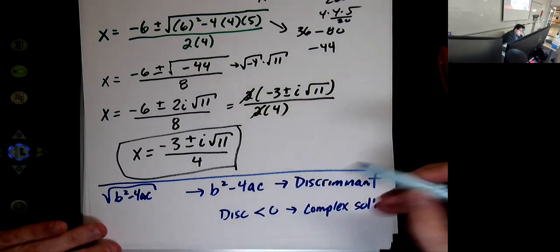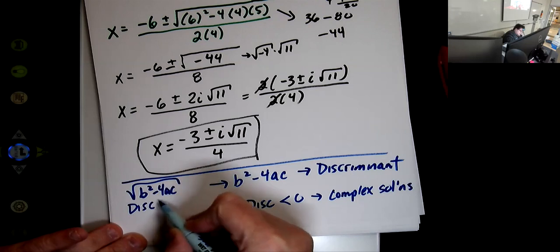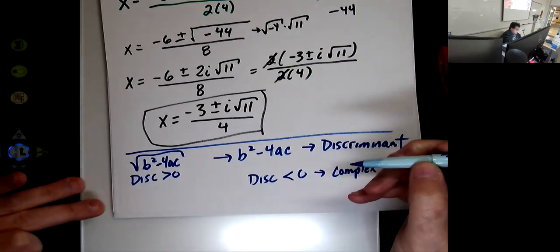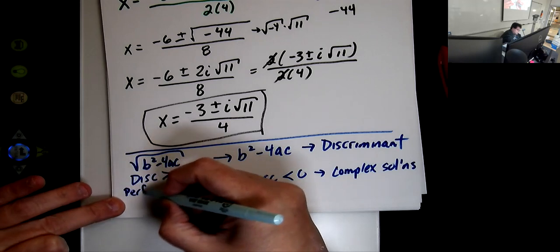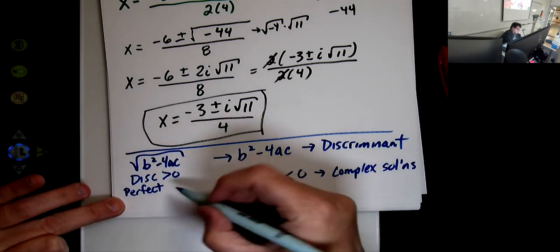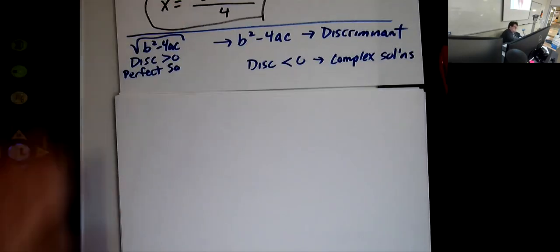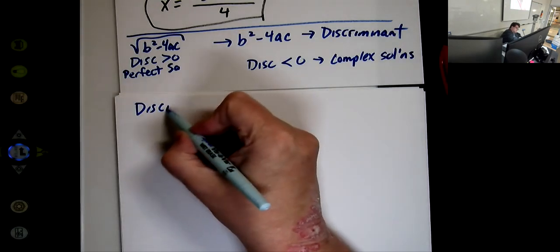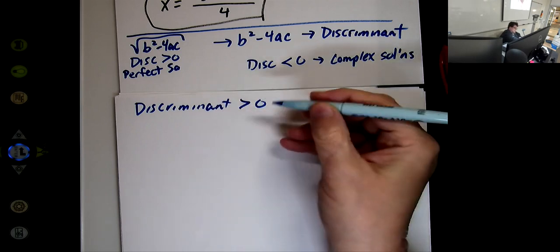If the discriminant is greater than 0, we have 2 options.